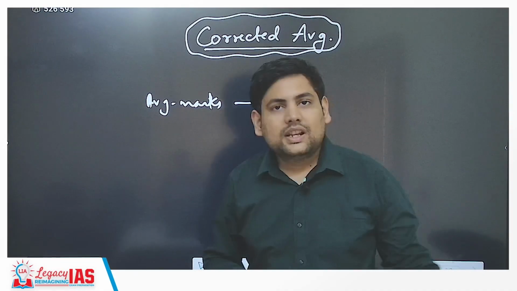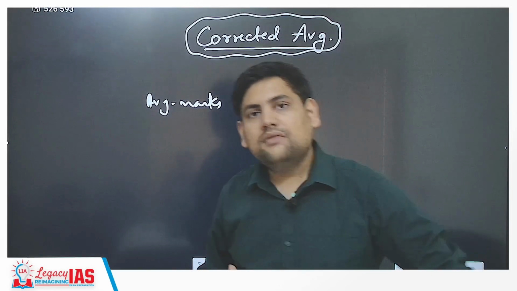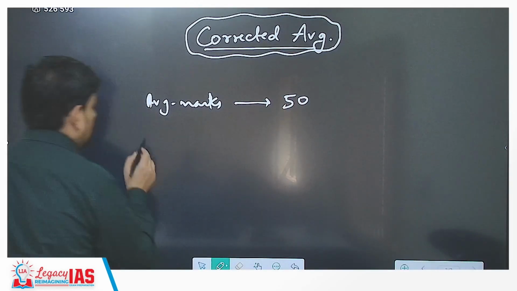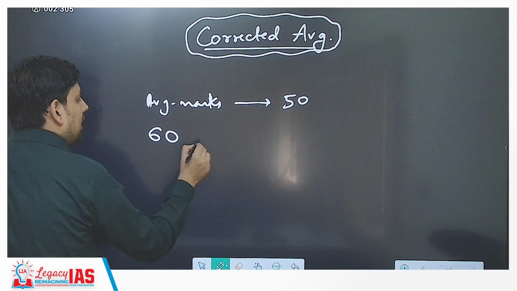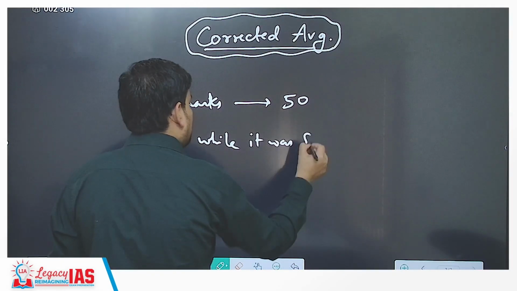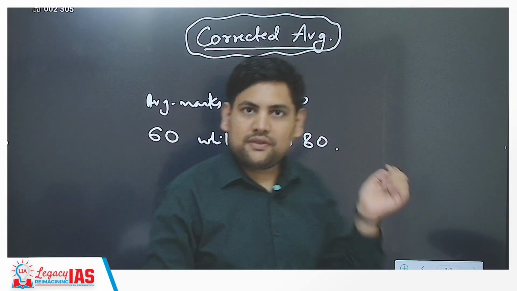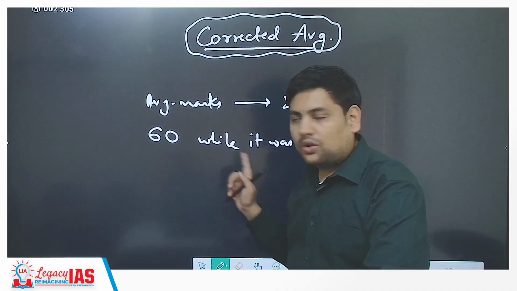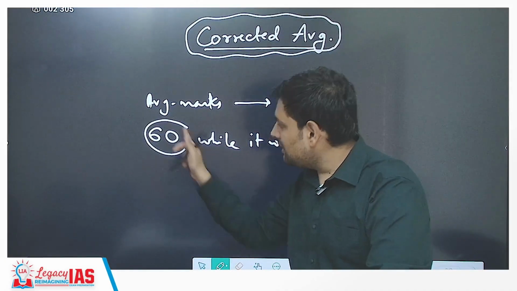Then it is later found out that the marks of one of the students was recorded as 60 while it was 80. So originally that student would have gotten 80, but wrongly, when we were calculating the average marks of the entire class, it was recorded as 60.